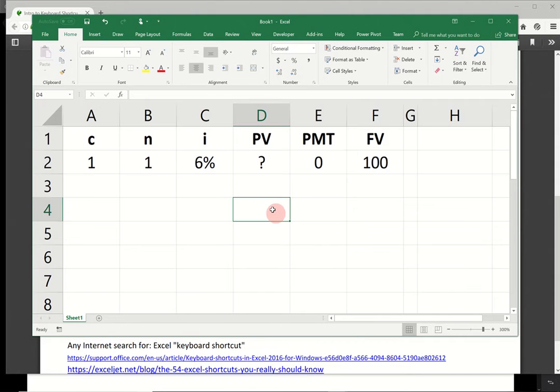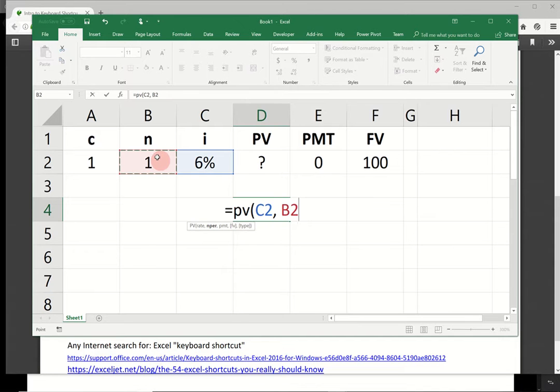So now we're back to where we want to be, and so to calculate the present value, you do PV. Then it's best to refer to the rate, comma, and then the number of periods, comma. Oops, I did a period by mistake, comma.